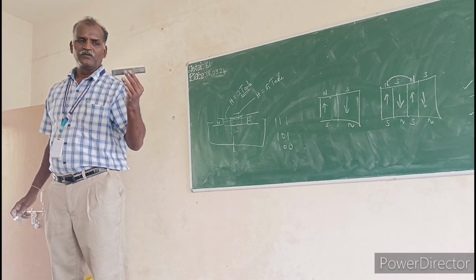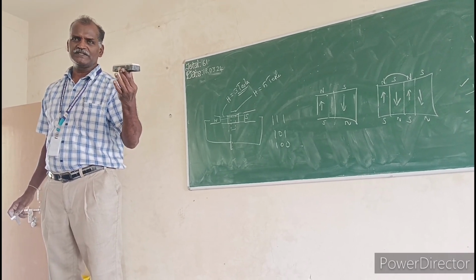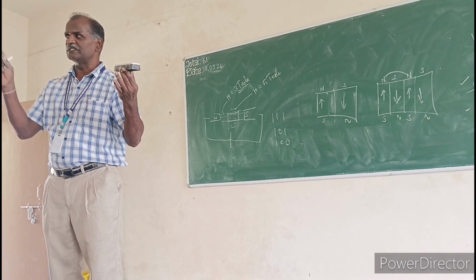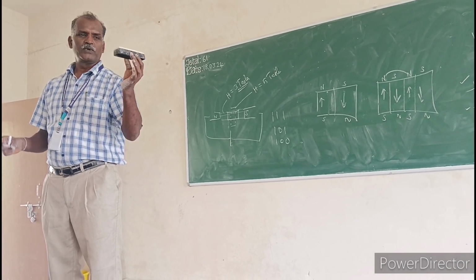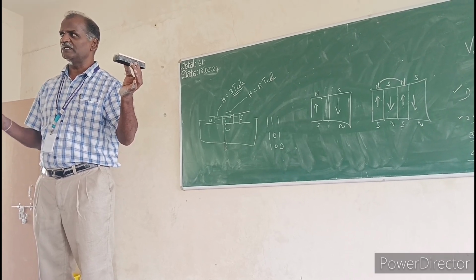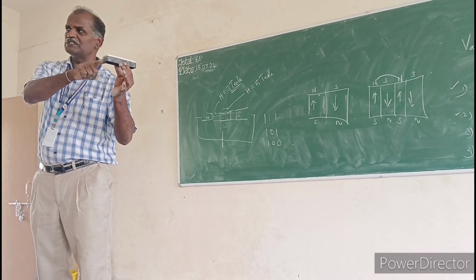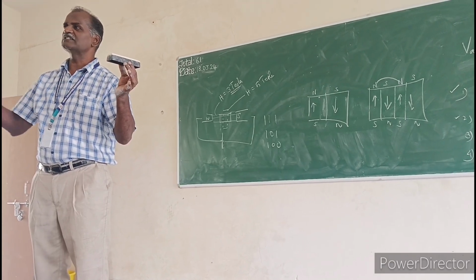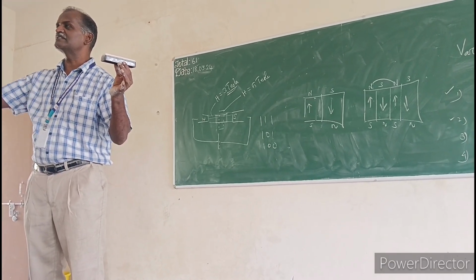Clear? While keeping it along the lengthwise, the magnetizing field needed is only 3 Tesla. While keeping this direction, the amount of magnetic field needed to magnetize the specimen to its maximum value is 5 Tesla. Which direction is easy?